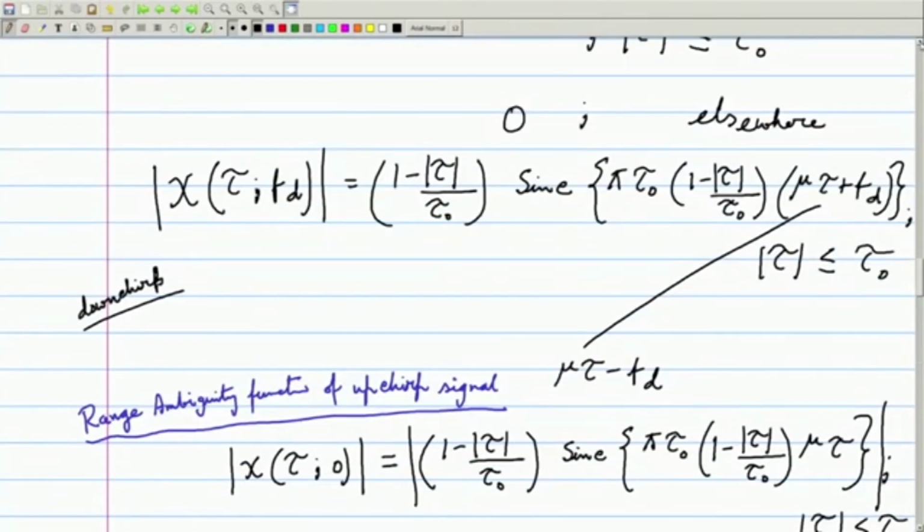This expression is the ambiguity function for the down-up chirp. Here you put tau equal to 0. So, this first bracket term becomes 1, here also this becomes 1, tau is equal to 0 here. So, it is only f d. So, it is a sinc function, that is why we will write that.